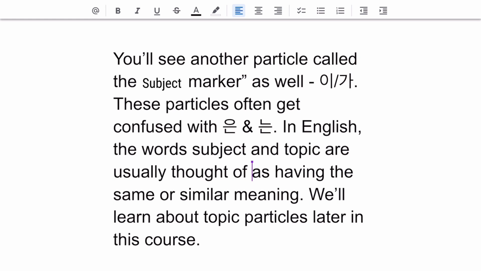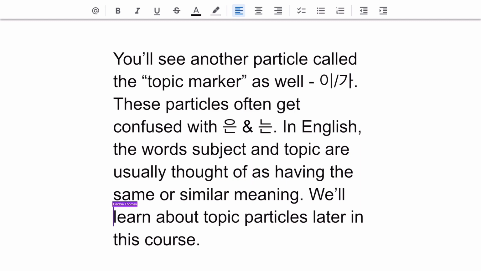Now, before we practice this concept, we'll talk a little bit about 이 and 가. This is called a topic marker. Actually, sometimes I get the names subject and topic marker mixed up. To me, it's like the same thing, but these particles often get confused with 은 and 는 because they also mark a topic of the sentence. And to me, a subject and a topic are basically the same thing, kind of.